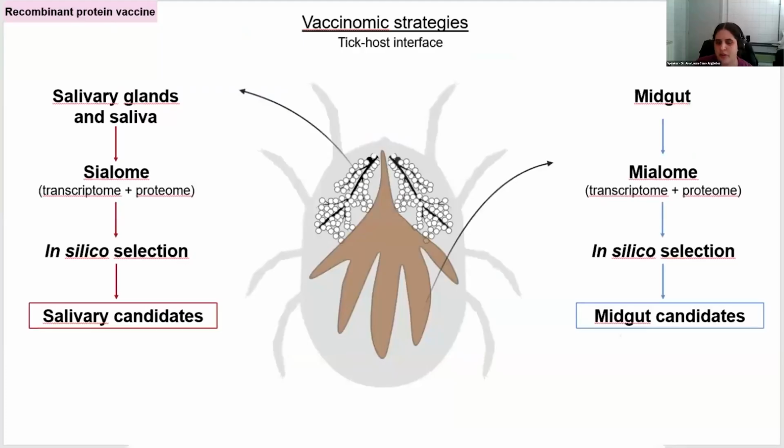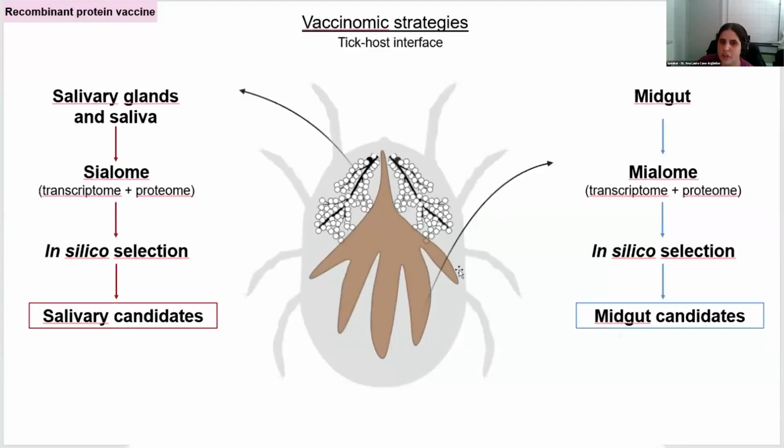So what we have done with this strategy is to focus on two key organs in the tick-host interface, the salivary gland and the midgut. Why are these two important? Well, they are accessible to antibodies, and they also express proteins that are essential for tick survival.